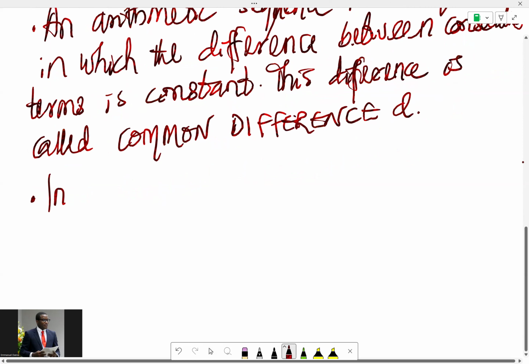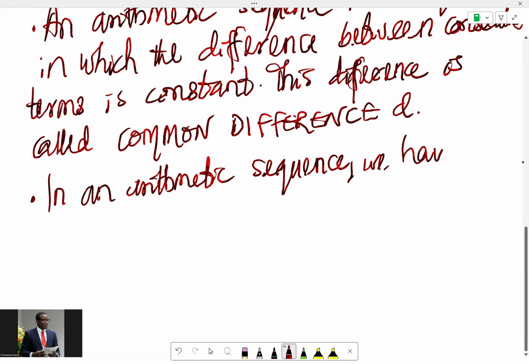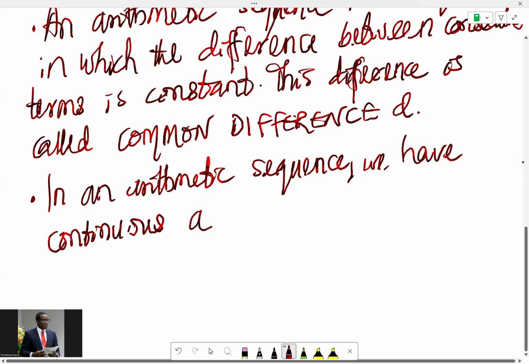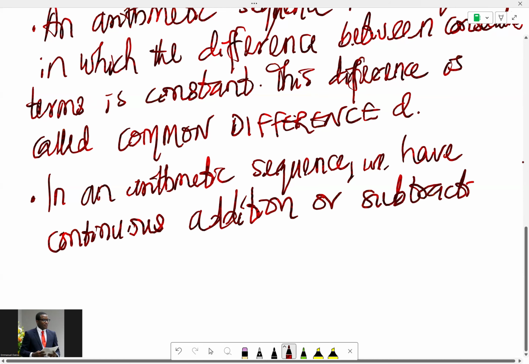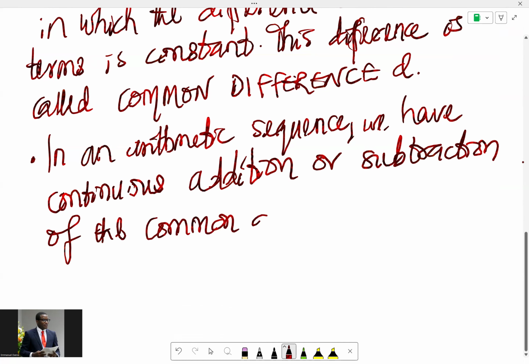In an arithmetic sequence, we have continuous addition or subtraction of the common difference.